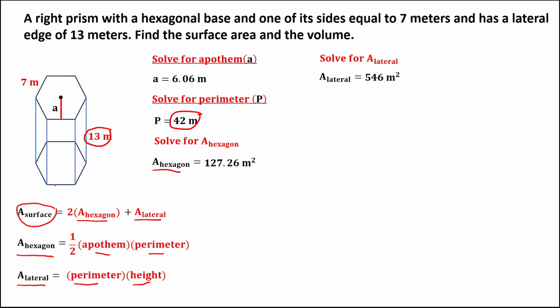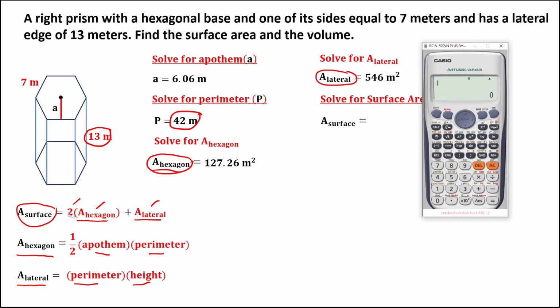Since we now have the area of the hexagon and the lateral area, we can find the surface area. So again, the surface area is 2 times the area of the hexagon plus the lateral area. So this is 2 times the area of the hexagon, 127.26, then plus the lateral area, that's 546.